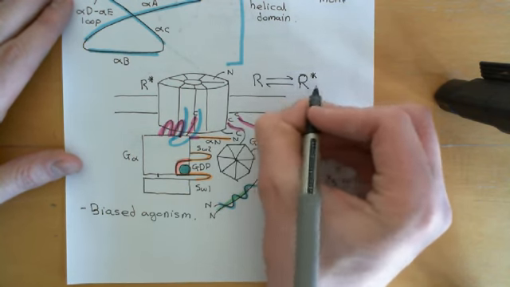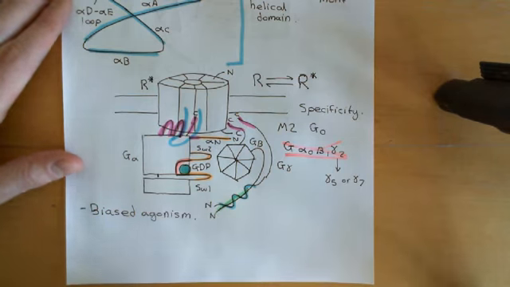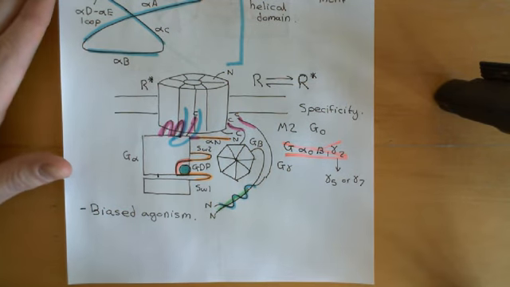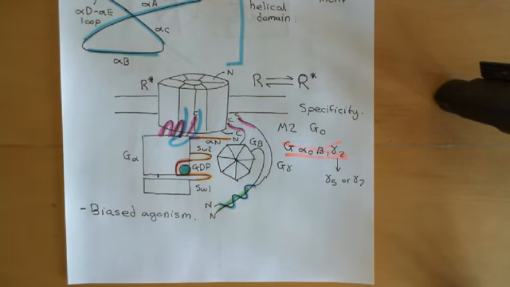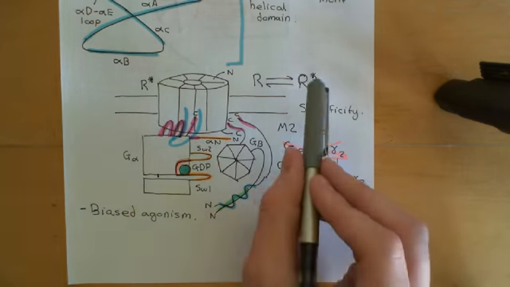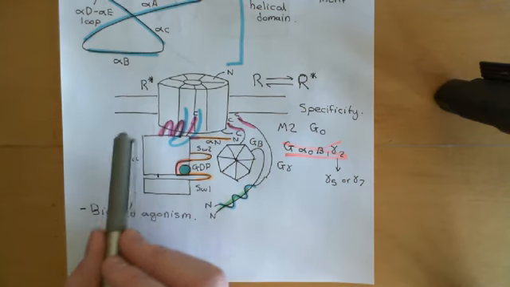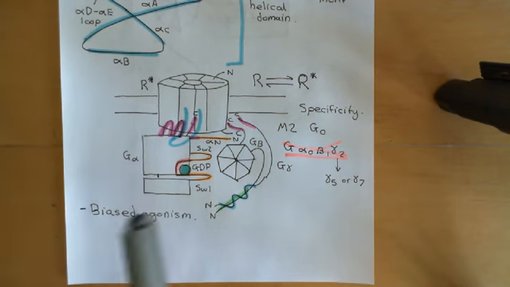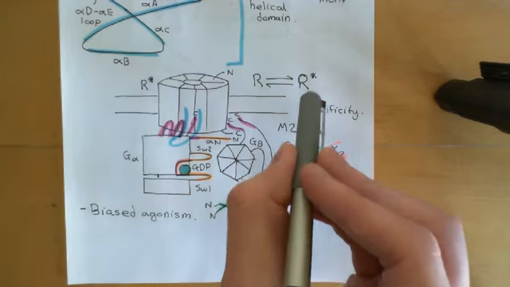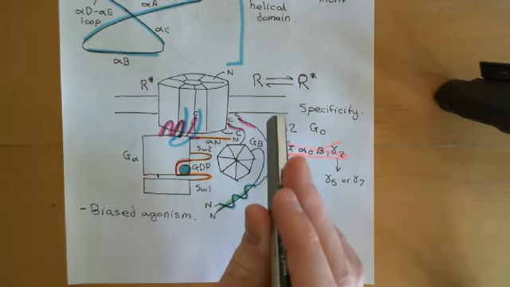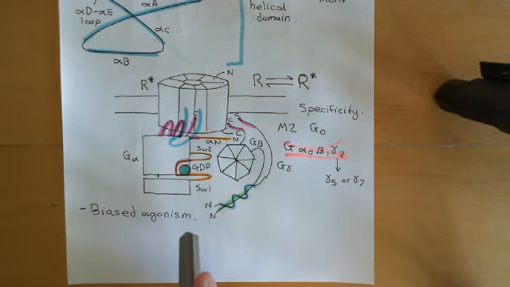The two are in dynamic equilibrium and ligands can shift it from one to the other. So at the moment our model is that once you're in this conformation, there are certain heterotrimeric G proteins that you will bind to and there are certain that you won't, i.e. your specificity is set. However, it's more complicated than that.